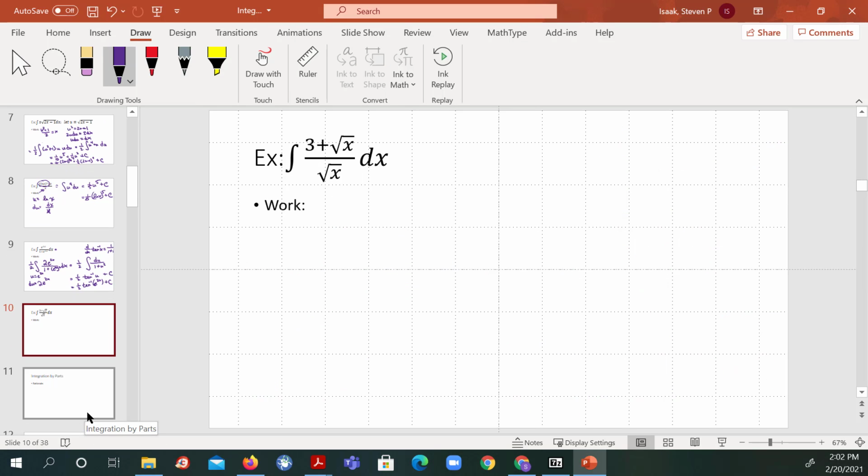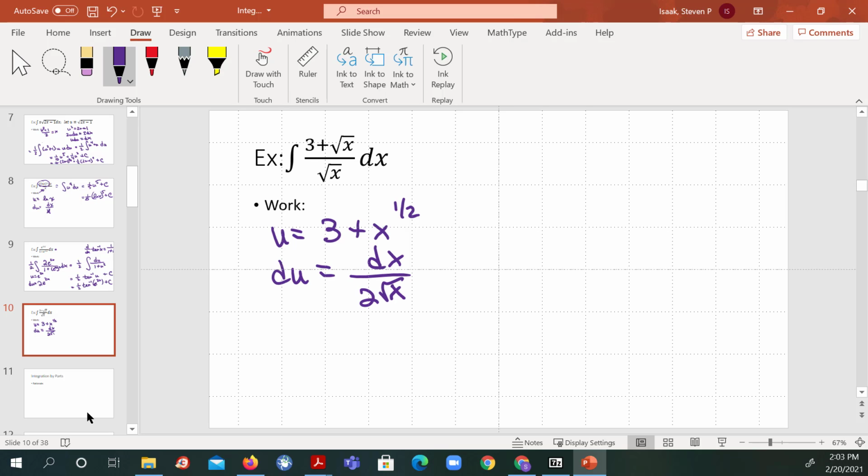As you can see. Now, there's a couple different ways to do this one. Is the derivative of the square root of x 1 over 2 root x? Well, look, that's right here. So I could do this one of two ways. I'm going to be greedy and let u be my numerator. So du will be dx over 2 root x.